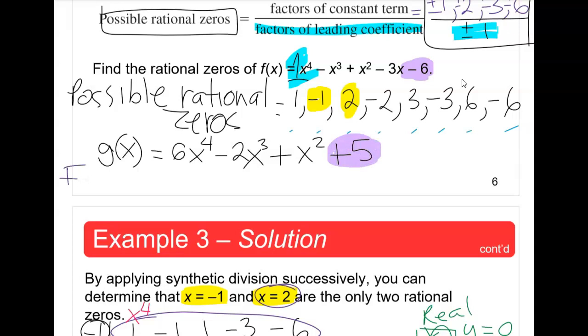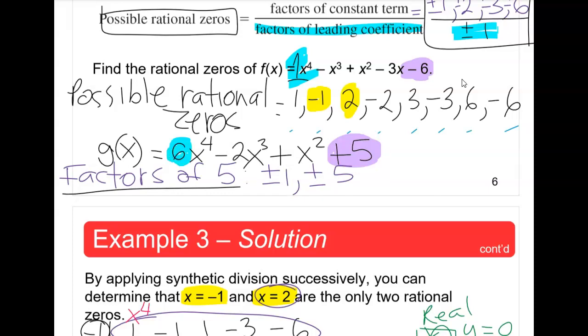So factors of 5, which will be plus minus 1 and plus minus 5. That's it. But then we're going to divide by the factors of the leading coefficient. And that number 6 has several factors.